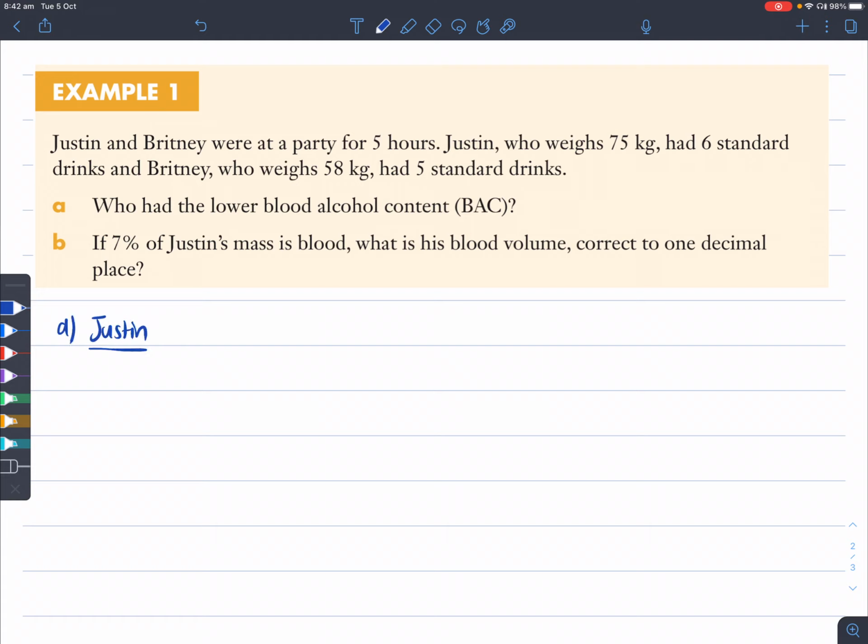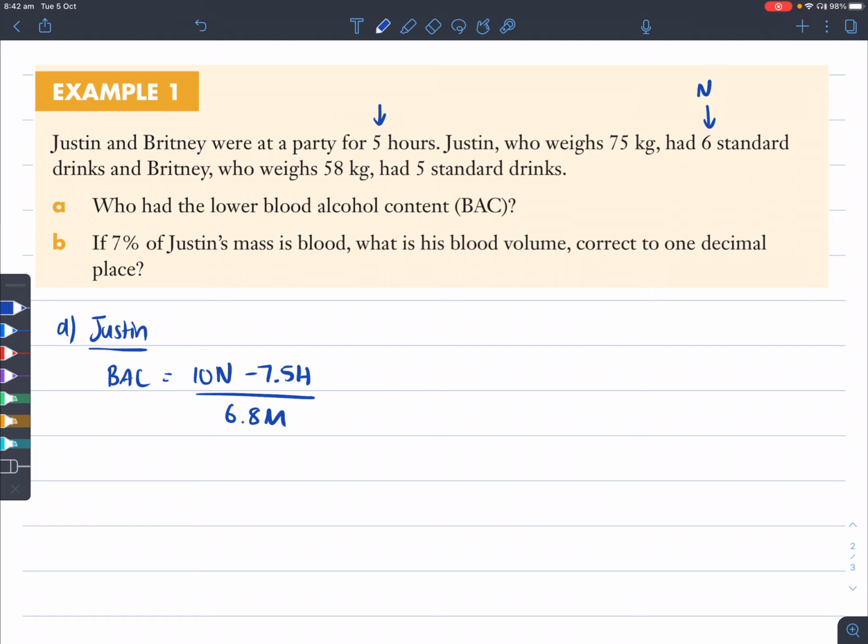So for Justin, he is a male. Your BAC formula is given by 10N minus 7.5H over 6.8M. N represents the number of drinks, so that is 6. H is the number of hours spent drinking.